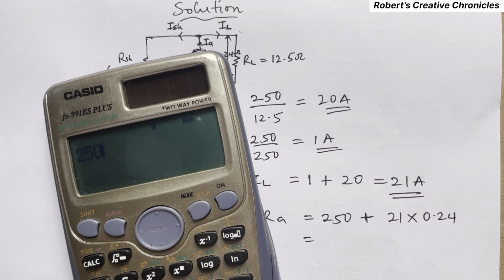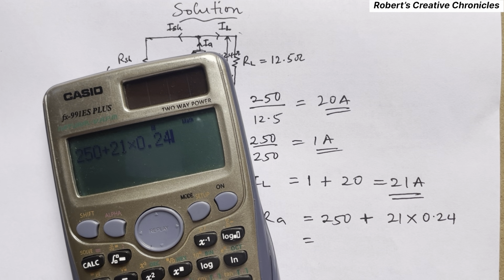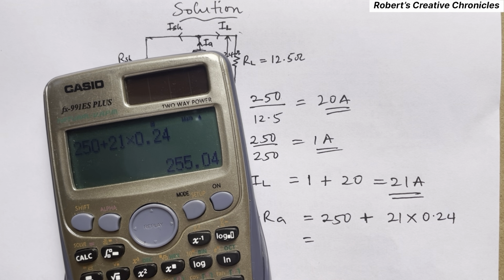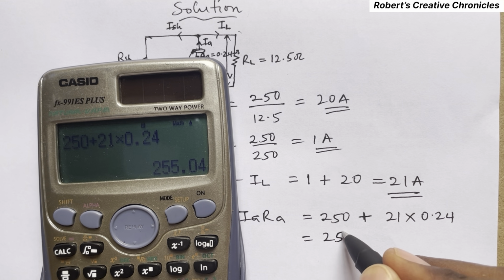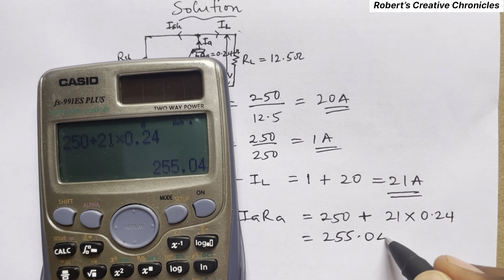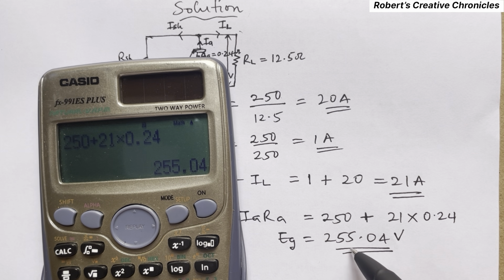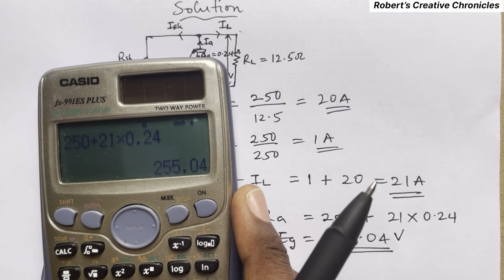So this is 250 plus 21 times 0.24, which is 255.04 volts. So the induced EMF is 255.04 volts.